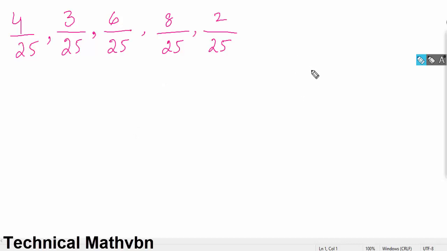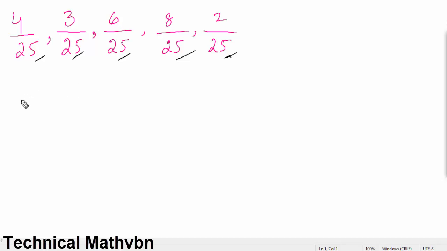First of all, understand the concept of ascending order. Here these are stairs, where we are on this point, and when we go from lowest to highest, sequentially, this is called ascending order. Start from here. You can see that 25 is the denominator, the same in all fractions.